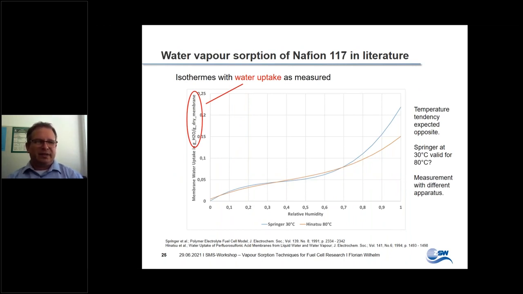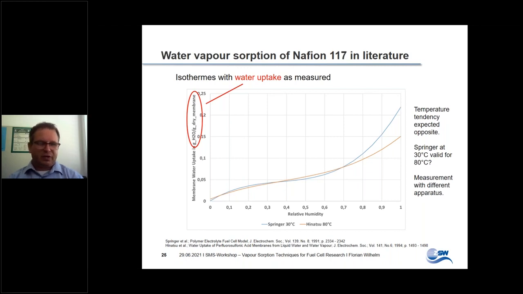Now, how is this described in literature? The most well-known paper on this was published by Sprenger and colleagues at the beginning of the 90s of the last century. They measured isotherms of water uptake, here shown with reference to the dry membrane mass.